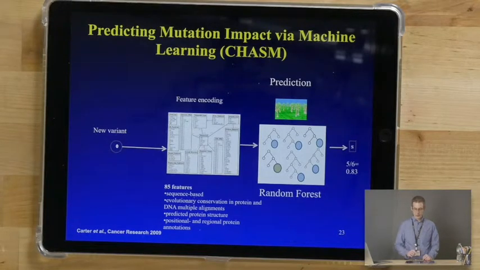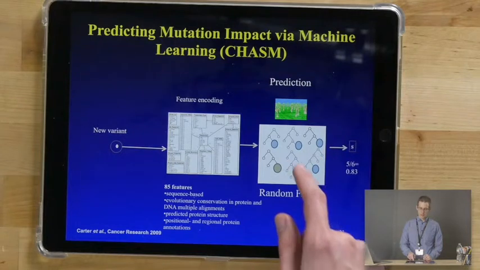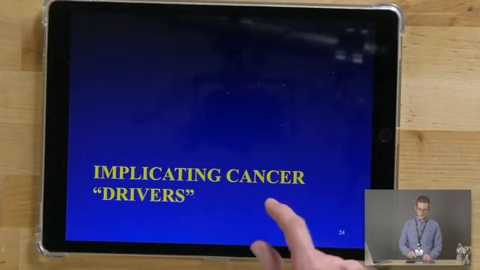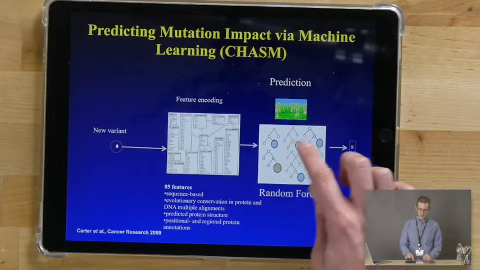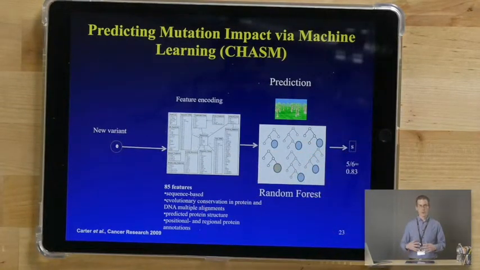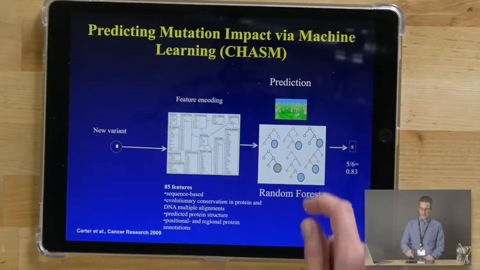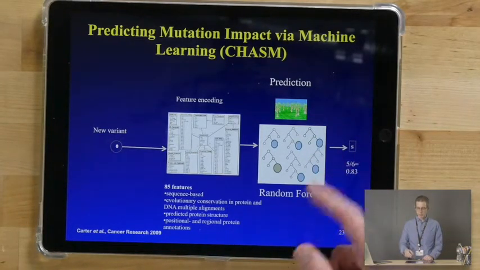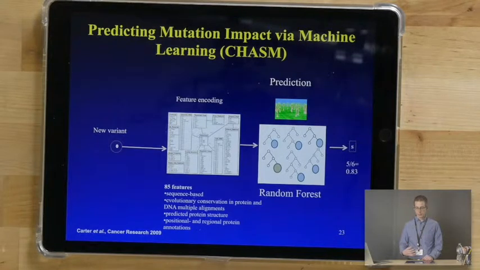For a random forest, the score is composed of many little individual decision trees, where each decision tree votes on whether it's a cancer promoting or neutral mutation. You just sum up the different decision trees to come up with a score that, in this toy example, is perhaps 5 out of 6, supporting that it's a cancer promoting mutation.